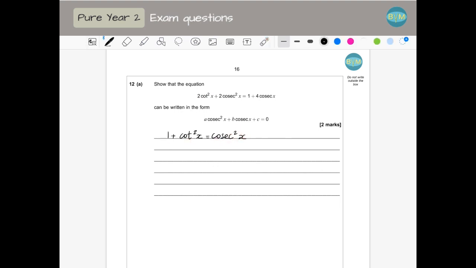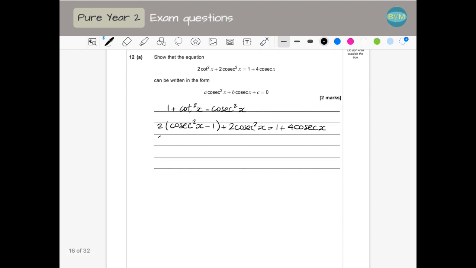So that means that the expression is going to be cosec squared x minus 1 plus 2 cosec x. We are going to expand the brackets and put things in a more organized way. So we expand the brackets, we have 2 cosec squared x minus 2 plus 2 cosec x, and I can put it on the other side already, so minus 4 cosec x.